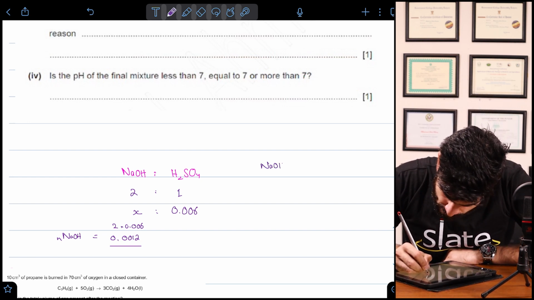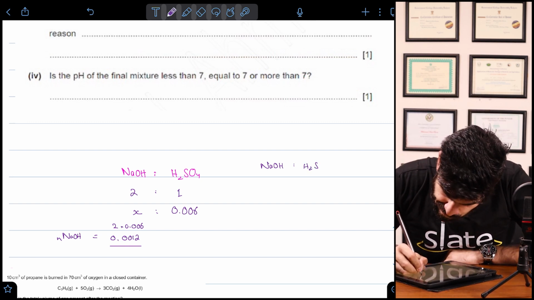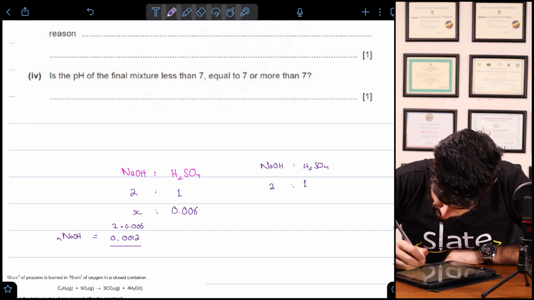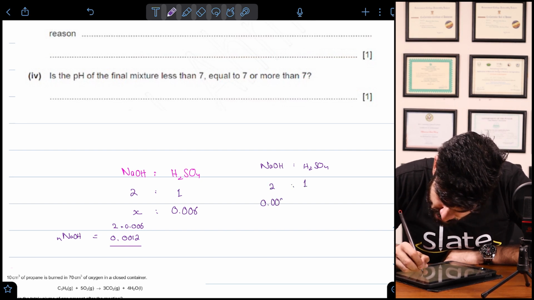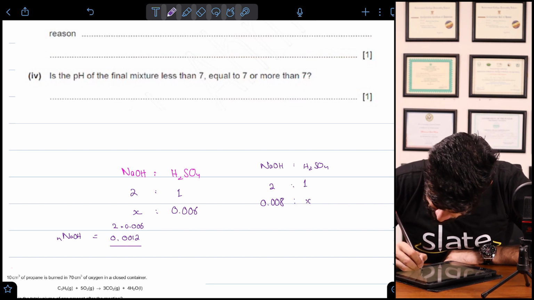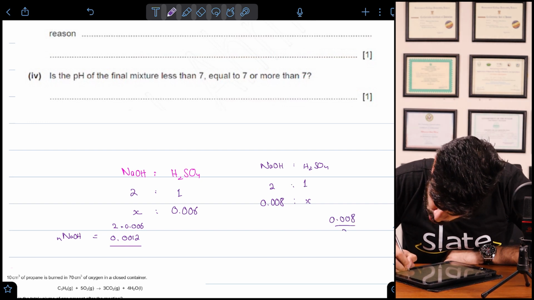Let's see how NaOH is limiting or H2SO4 is in excess. So let's do a calculation again just to confirm our results. So we have 2:1 and the moles of NaOH were 0.008 and question mark. So that makes it 0.008 divided by 2.